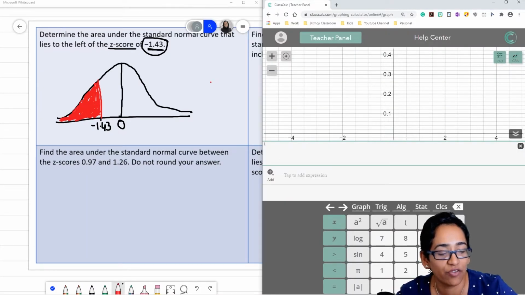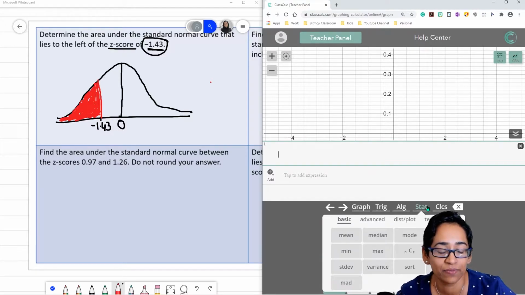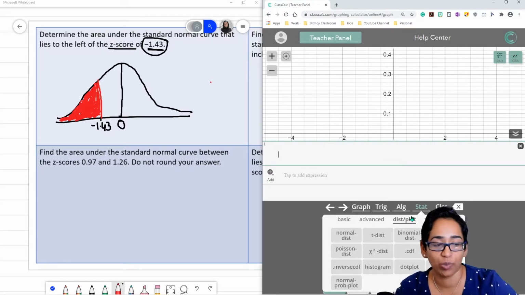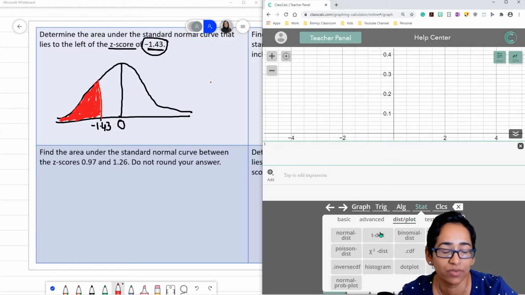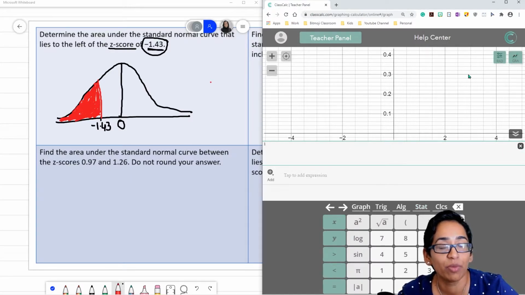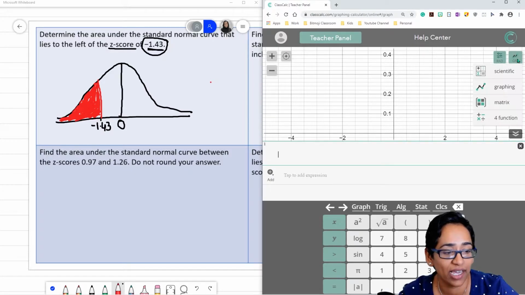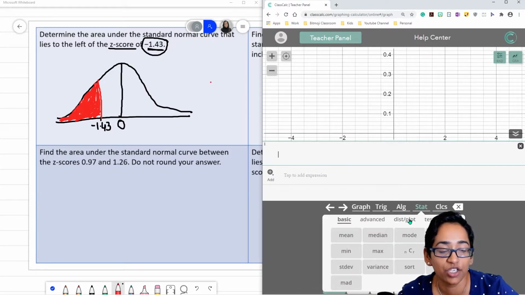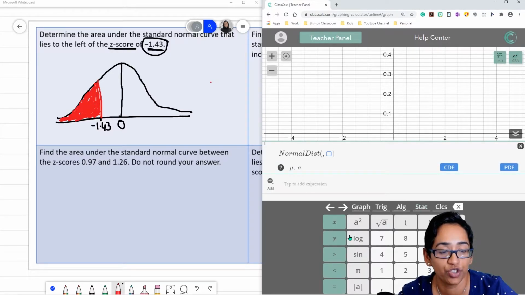All right, let's start from the beginning. So here I have my class calc. The first thing you do is make sure it's under graphing. Second, statistics, distribution and plots, and I'm going to click on normal distribution.